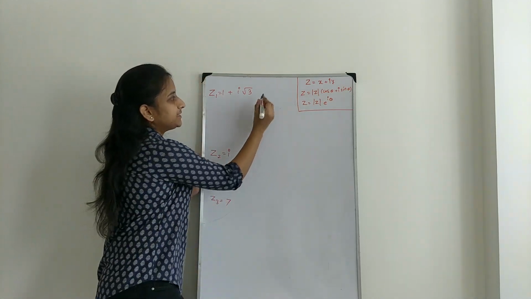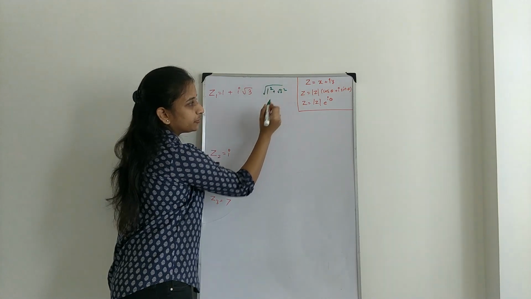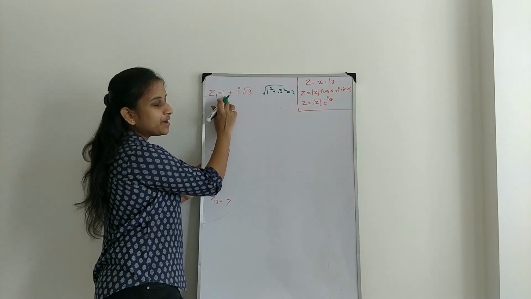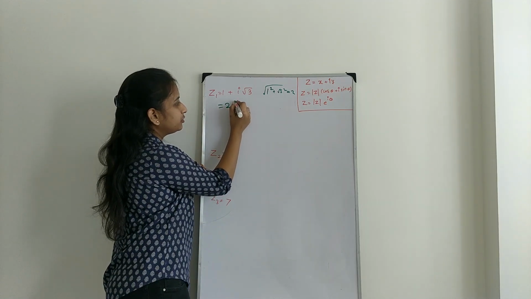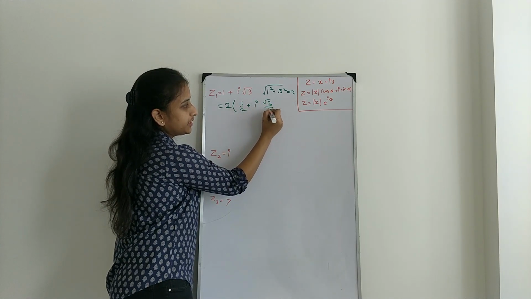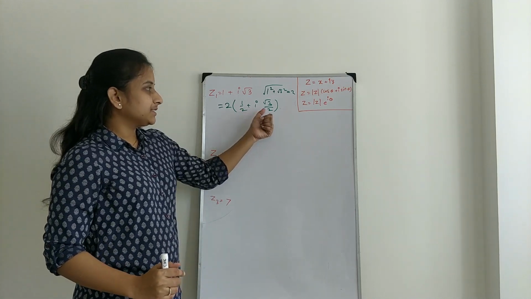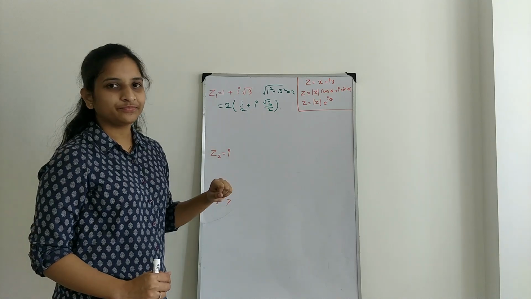So the modulus is the square root of 1 square plus root 3 square. That is 2. Now I am multiplying and dividing by 2. So I'll get 2 into 1 by 2 plus i root 3 by 2. You can convert these into the cos and sine functions.